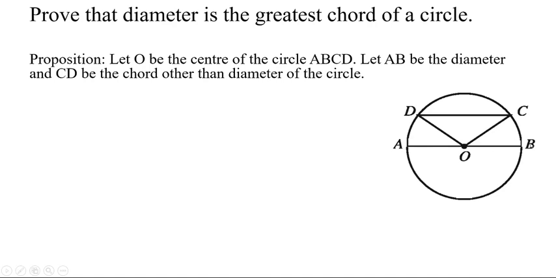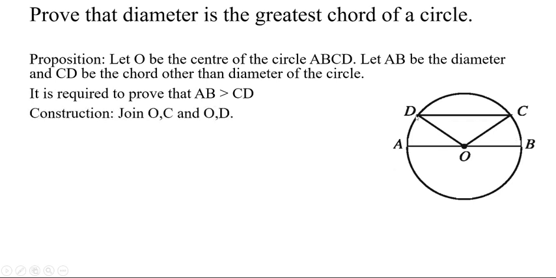Let AB be the diameter because AB passes through the center O, and CD be a chord other than the diameter of the circle. It is required to prove that AB is greater than CD. Our construction is that OC and OD must be joined.